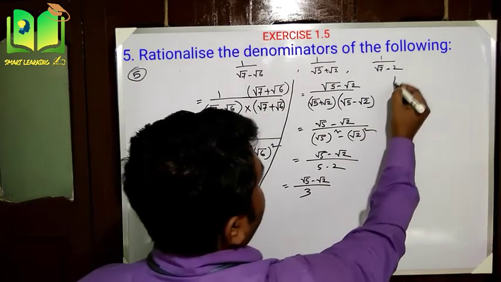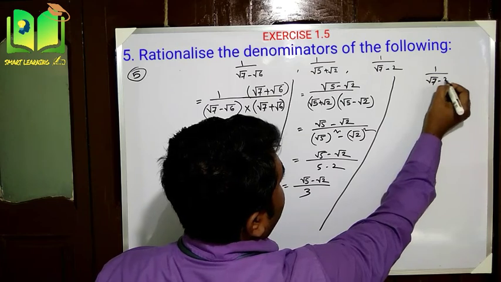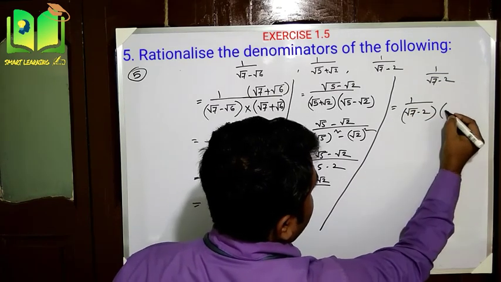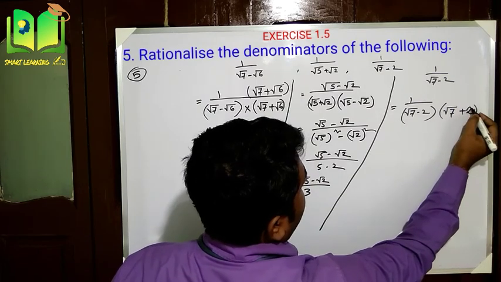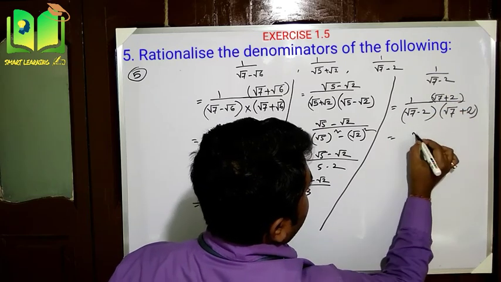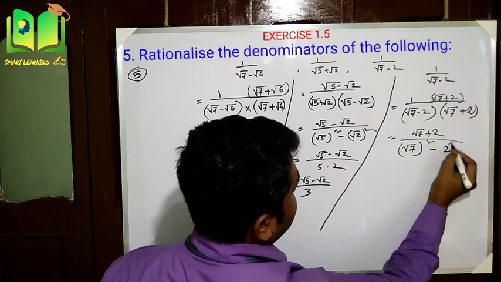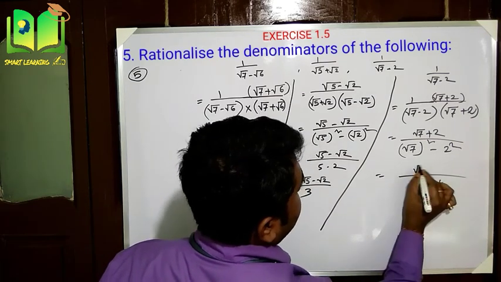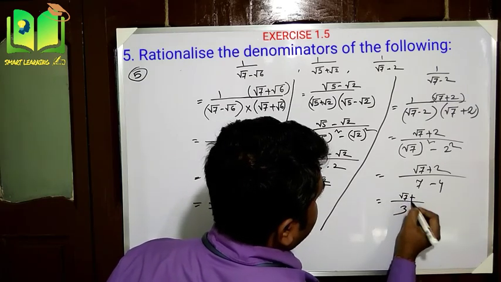Now the last one, this one: 1 by root 7 minus 2. Same way, 1 by root 7 minus 2 is multiplied by the conjugate, root 7 plus 2. So root 7 plus 2 by root 7 whole square minus 2 square equals 7 minus 4, which is 3, and here root 7 plus 2.